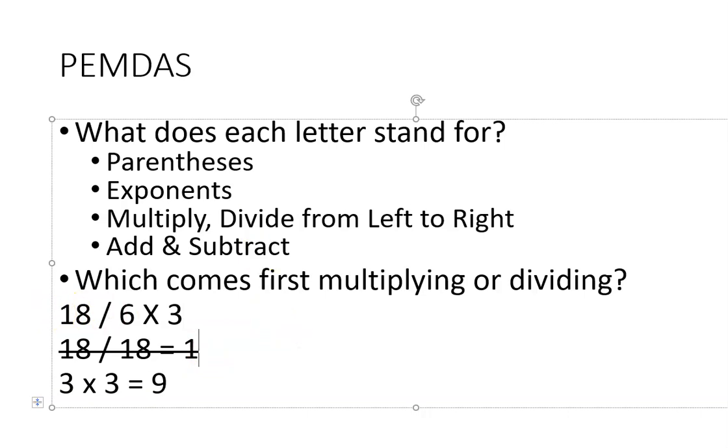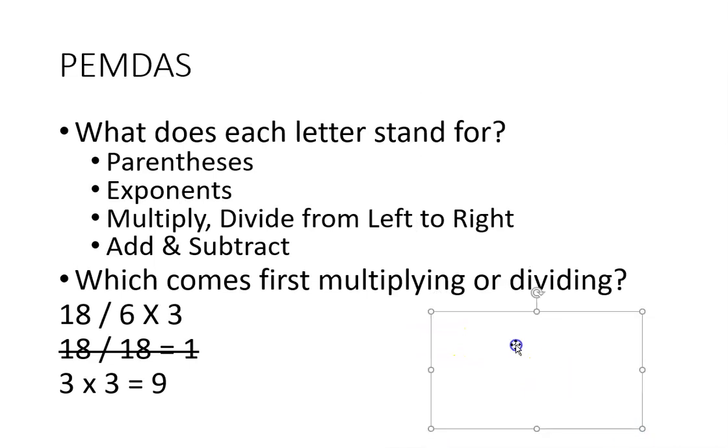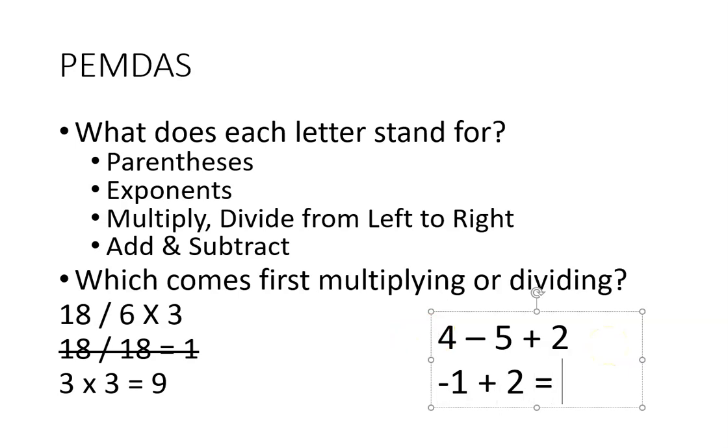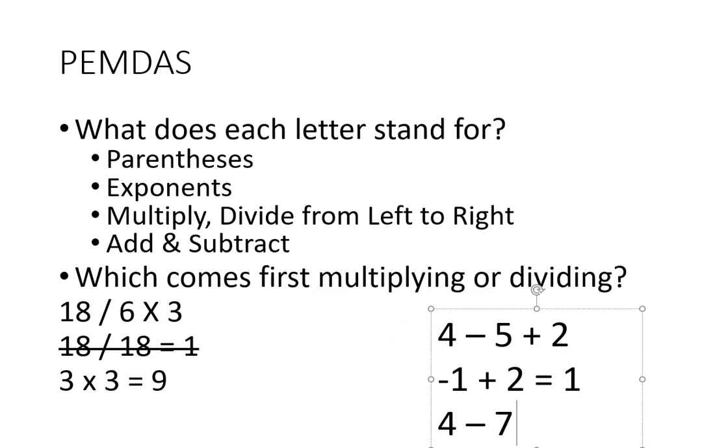It's the same thing when you are adding and subtracting. So if I have a problem like 4 minus 5 plus 2, well, 4 minus 5 is negative 1, and negative 1 plus 2 is 1. However, 5 plus 2 is 7, and 4 minus 7 is negative 3.